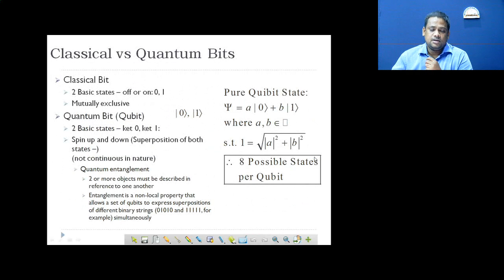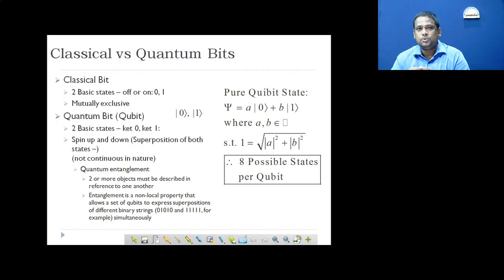Moving on, how are classical binary bits different from quantum bits? As we already know, a classical binary computer uses two basic states, off and on, or 0 and 1, and they are mutually exclusive, either 0 or 1. Quantum computing uses the qubit, or quantum bit.